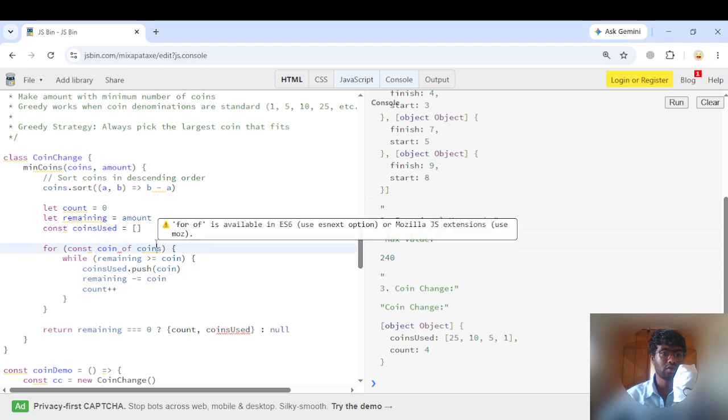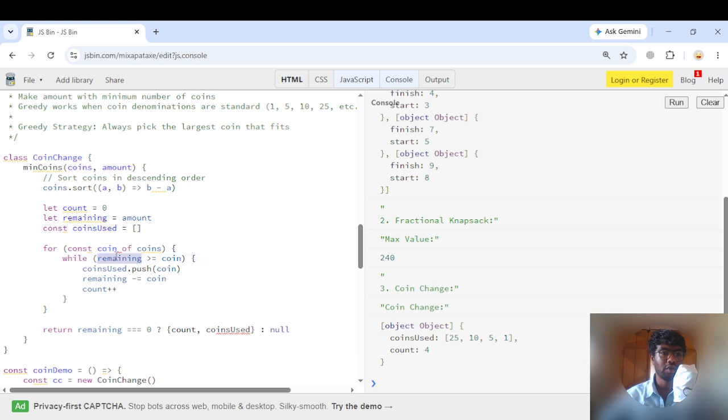With each coin, if the remaining amount is greater than or equal to the coin, then we consume that coin and subtract the coin value from the amount, and we increase the count saying that we already gave out a coin. That's the whole idea here, right?